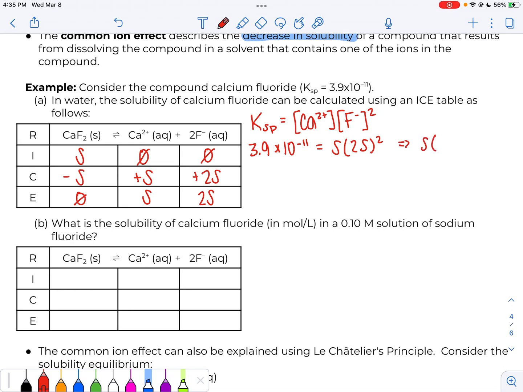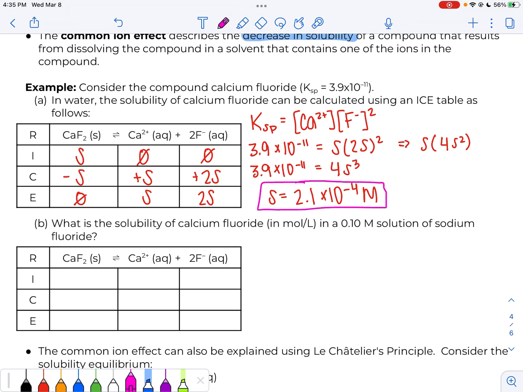So this is going to be equal to S times 4S squared, which is 4S cubed. So 3.9 times 10 to the negative 11th is equal to 4S cubed. Dividing by 4 and cube rooting, we end up with our solubility equal to 2.1 times 10 to the negative 4th molar.